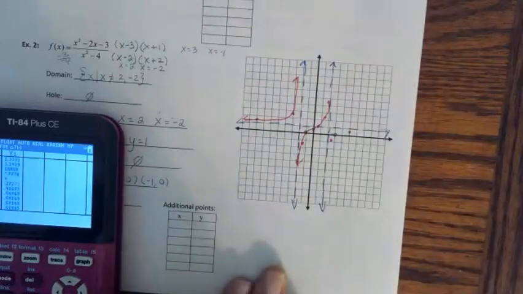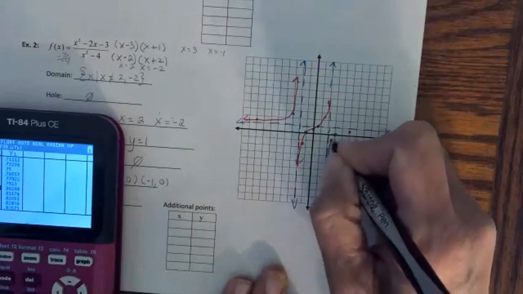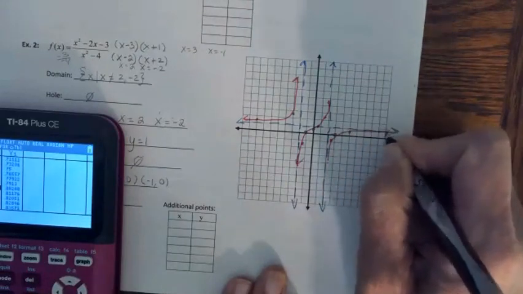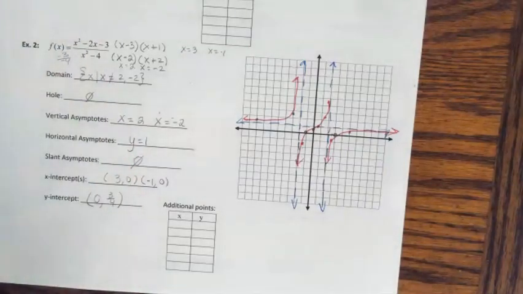Let's see as we get further out. At 10, I'm at 0.8. So here I've got this going on over here. So that is the first 2 examples. I'll do another video on the back of that. So here's all that information.